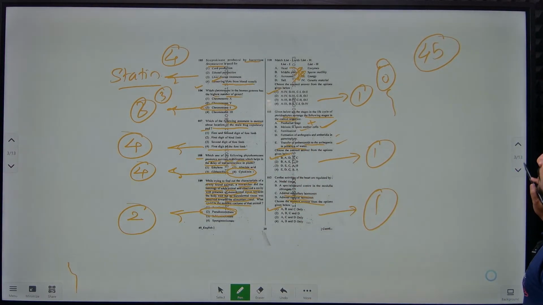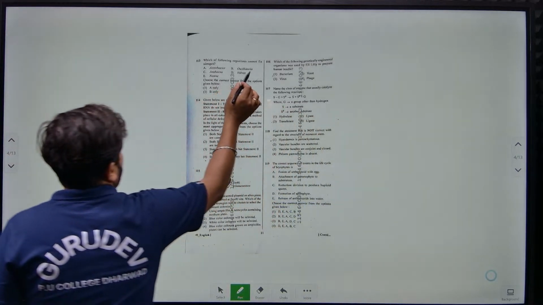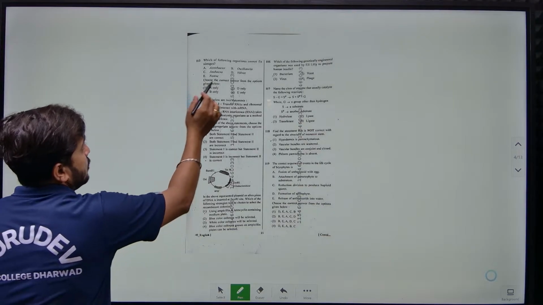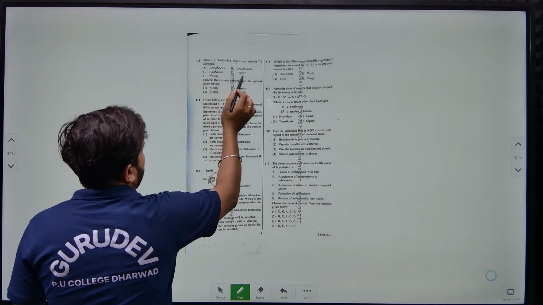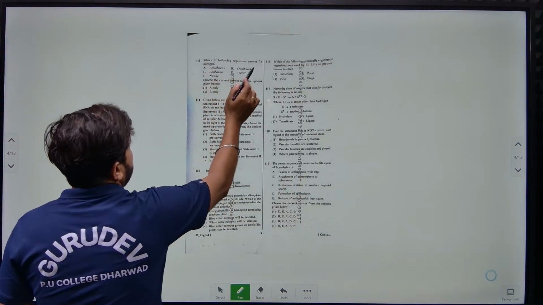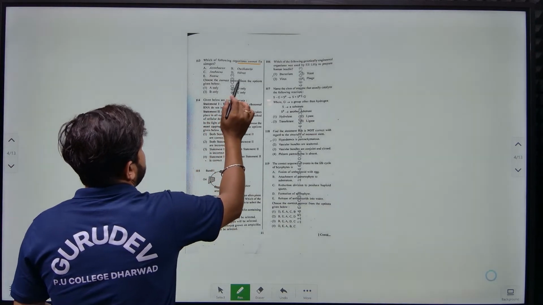Then moving on to the next question, that is 113th: which of the following organisms cannot fix nitrogen? Azotobacter, Oscillatoria, Anabaena, Volvox and Nostoc. Volvox cannot fix nitrogen here.